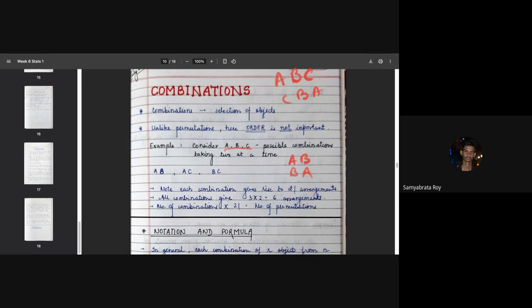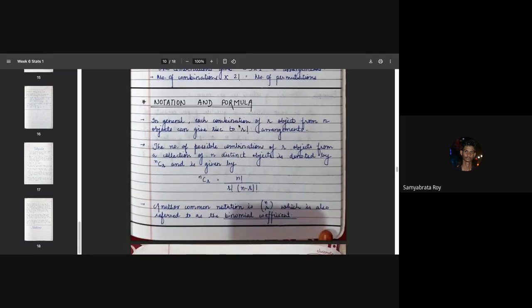But here, these two are similar because the ordering doesn't matter. Understood? Any doubt? We'll be going a little deeper, of course.